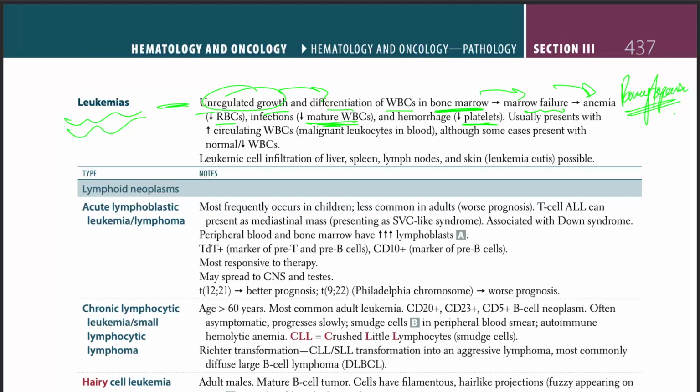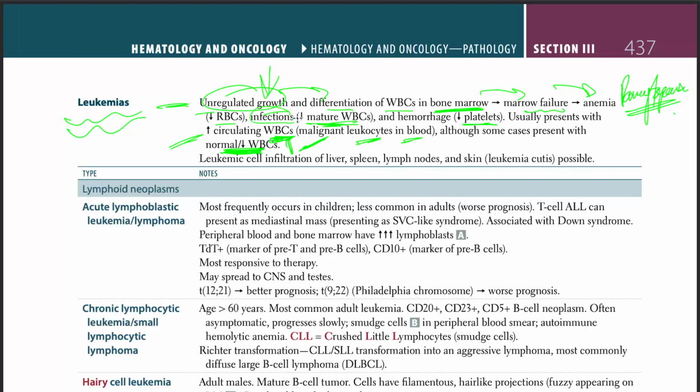Usually it presents with an increase in circulating WBCs, which are malignant leukocytes. Which WBCs are these? They are the unregulated growth of WBCs, malignant leukocytes in the blood. Although in some cases it presents with decreased or normal WBCs.